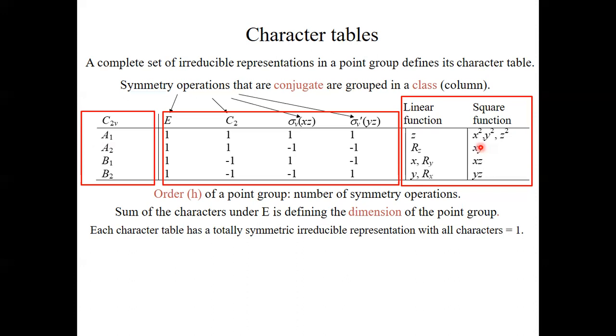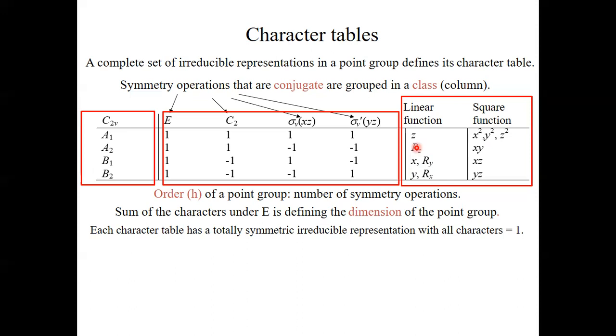Now you see here also some symbols you are not familiar with yet: Rx, Ry, and Rz. These symbols stand for rotation around x, rotation around y, and rotation around z. The position of these symbols is defined by what the symmetry operations do with the so-called rotational vectors.